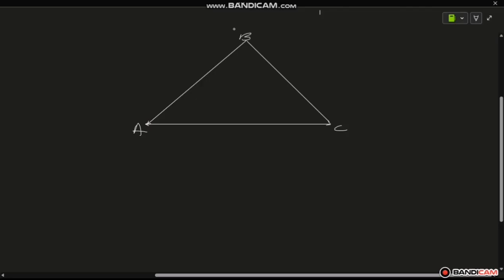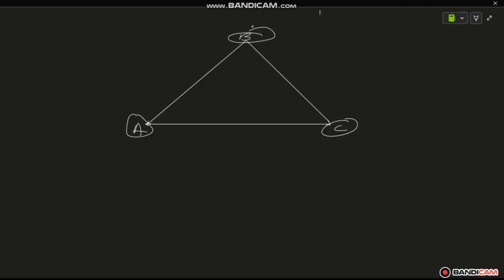So we have triangle ABC. Now, as I'm circling these points here, these are angles. Triangle ABC: angle A, angle B, and angle C. The opposite side of angle C is AB, and I'll put a small letter c. The opposite side of angle A is BC, and I will put a small letter a at line segment BC.